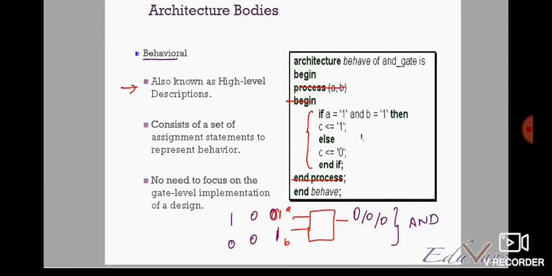Yes, it is a very long program for an AND gate, but as you see, when I have to specify more complex digital circuits like multiplexers, then the behavioral style really helps me to model it correctly.